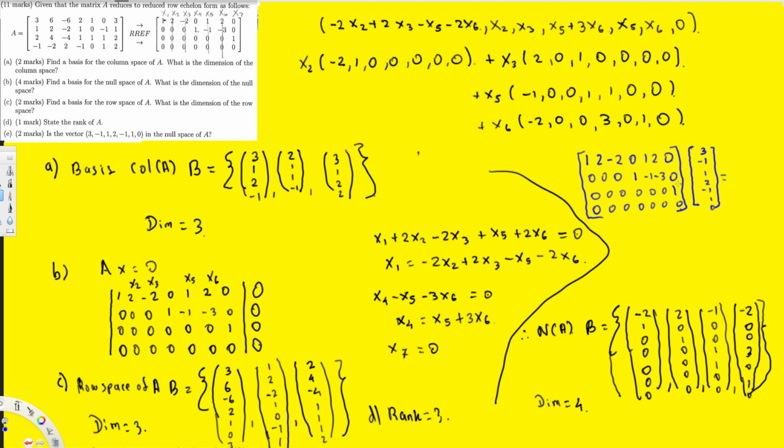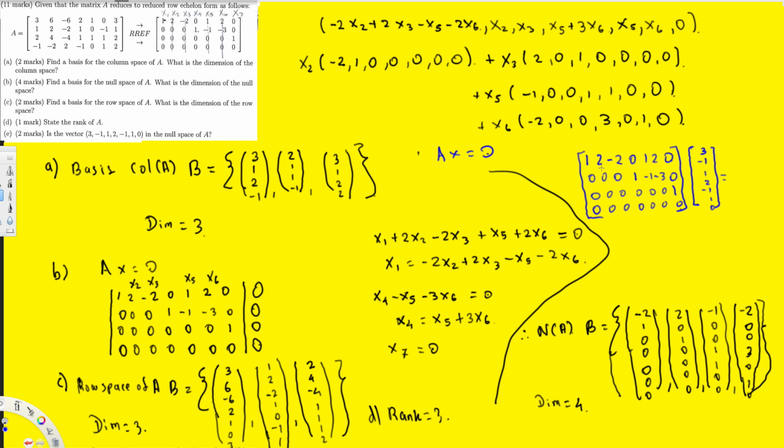If this is a vector in the null space of A, then when we multiply these two together, all the values should be 0, because that's basically null space. Null space is Ax equals 0, right? So if this is in the null space, when we multiply and add them together, we have to get 0.